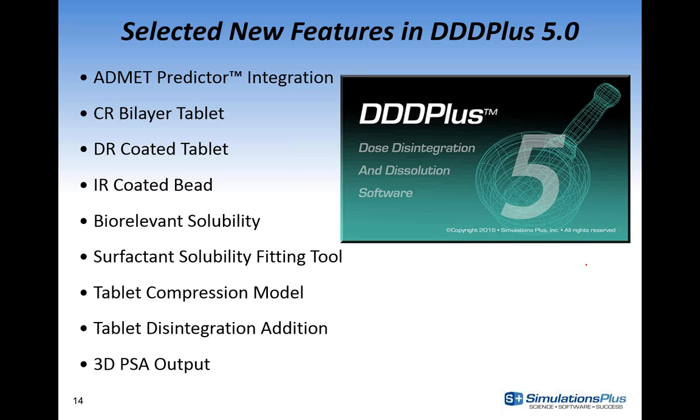Again, we have the new formulations that we've added within DDDPlus 5, and we have some new facilities to improve the workflow for biorelevant solubility, surfactant solubility. We've added some new features for tablet disintegration, and then some new output options for our parameter sensitivity analysis.